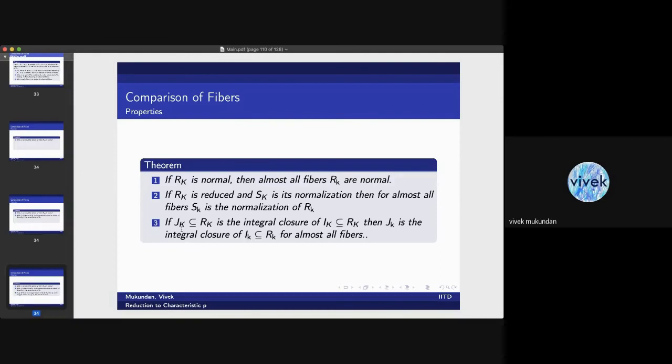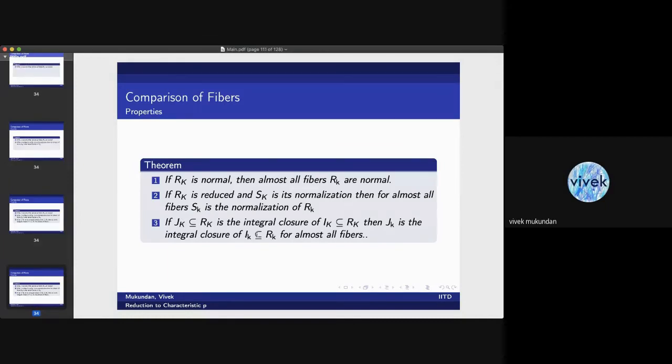Furthermore, more interestingly, if J is the integral closure of I, then the fiber J_K is the integral closure of I_K for almost all fibers. So you can descend pretty much all the important conditions from R to the fiber R_K. So you're going from a ring of characteristic 0 to a ring of characteristic p. Okay, so this goes for the reduction to characteristic p.